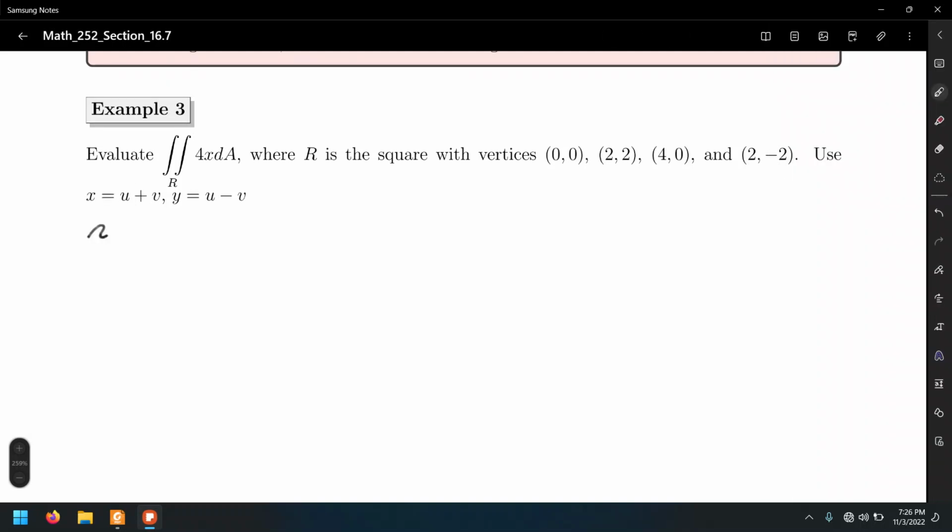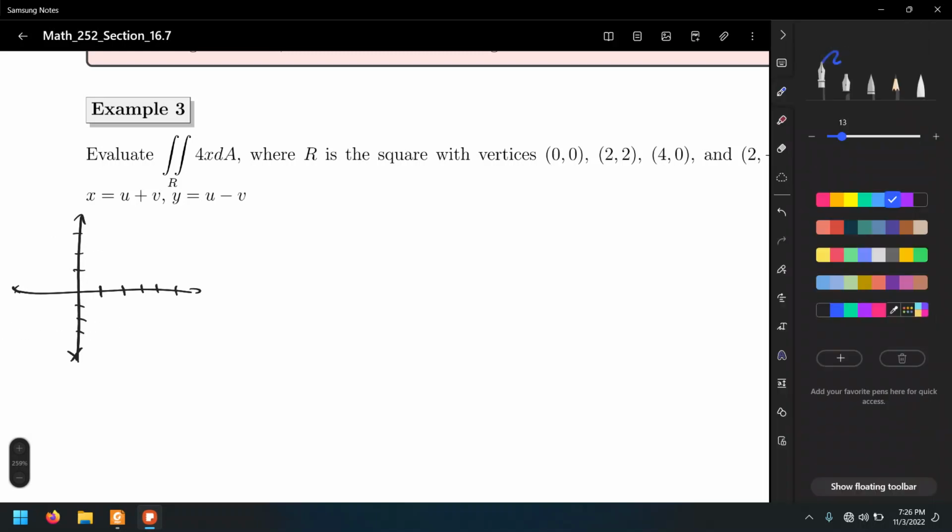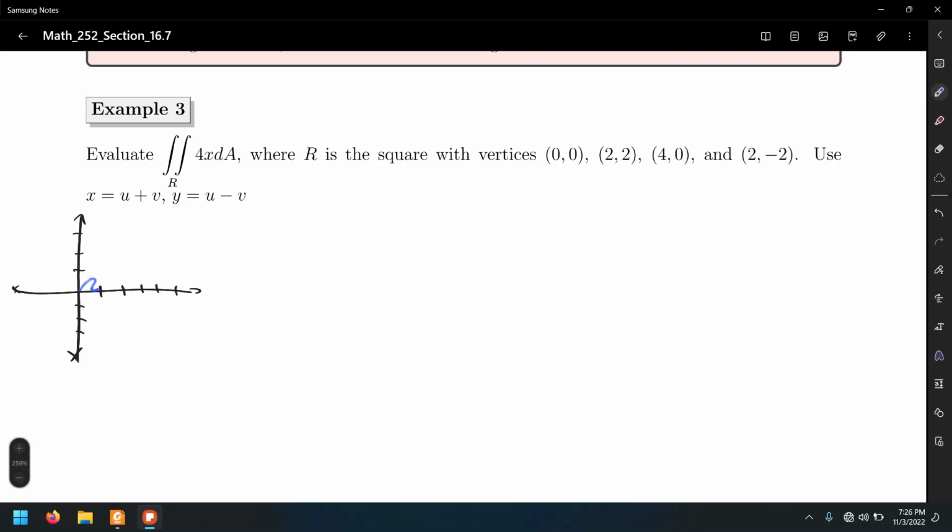Well, so let's sketch. So we're going to go 1, 2, 3, 4, 5, 3, 1, 2, 3. So the origin 0, 0, the point 2, 2, the point 4, 0, and the point 2, -2.